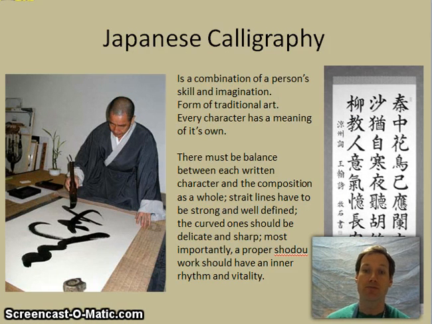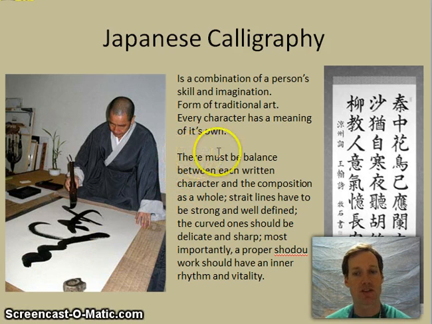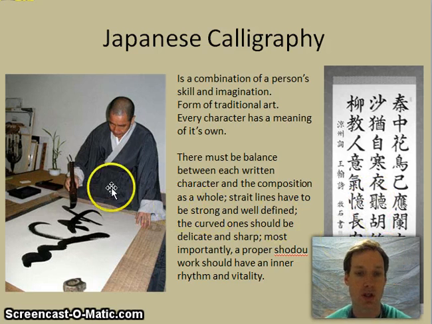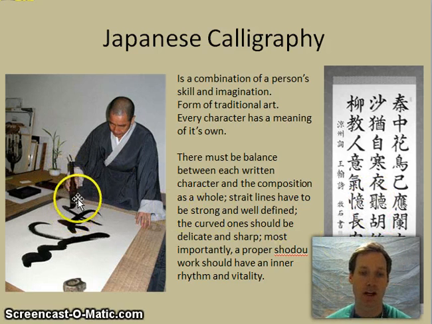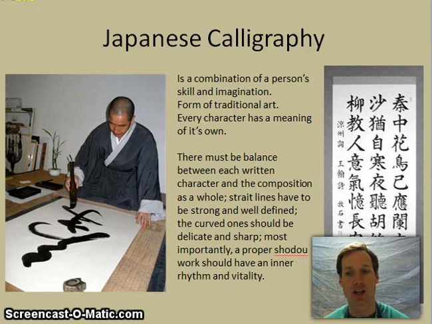Japanese calligraphy is also very interesting because there's a philosophy that goes behind it, whereas it's almost like an art form in the sense of the balance between each written character and the composition as a whole. Depending on how small or how large you do it, or what kind of brush you use, it can almost take on a presence of an artistic painting, as well as just pure letters.